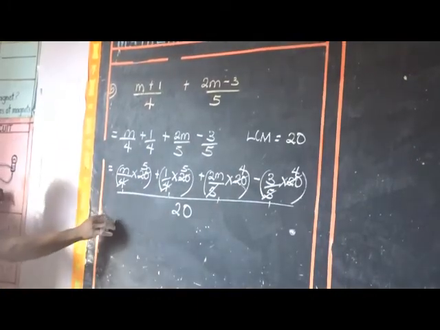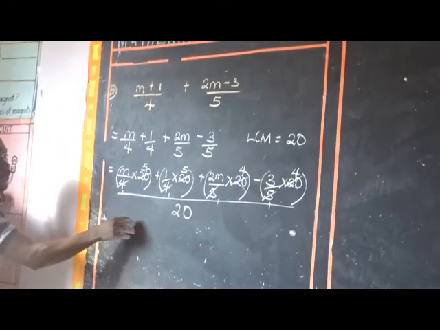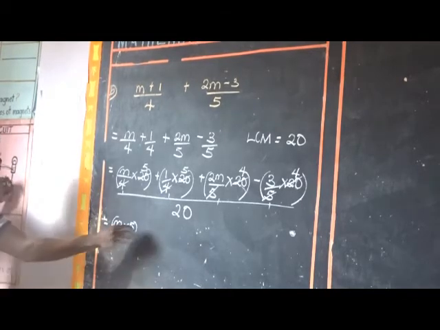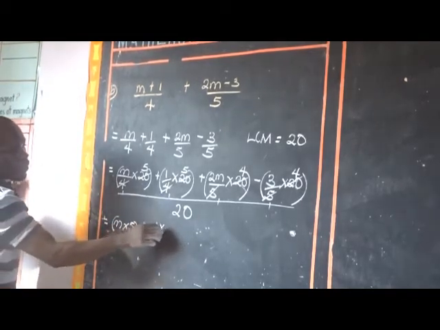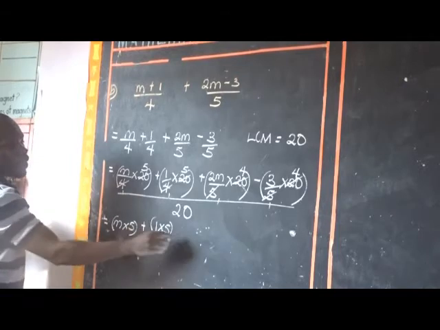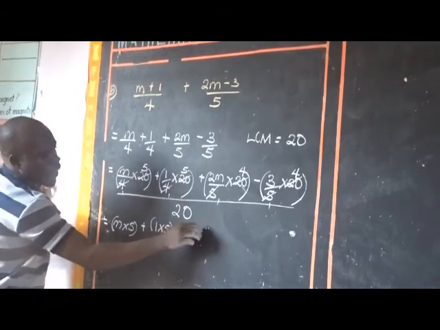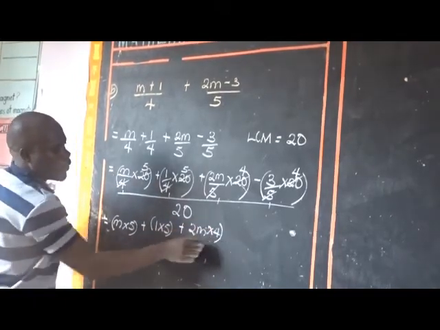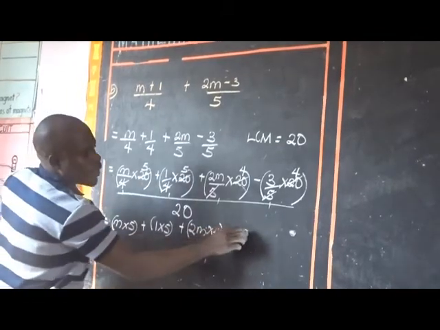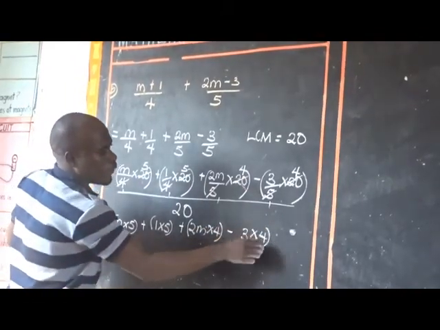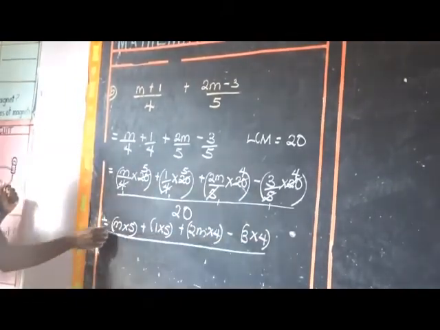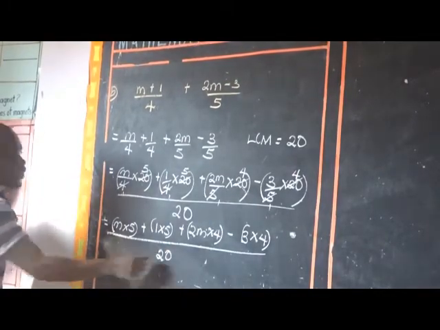After this, we shall have m multiplied by 5 plus 1 multiplied by 5 plus 2m multiplied by 4 minus 3 multiplied by 4, everything out of the LCM, which is 20.